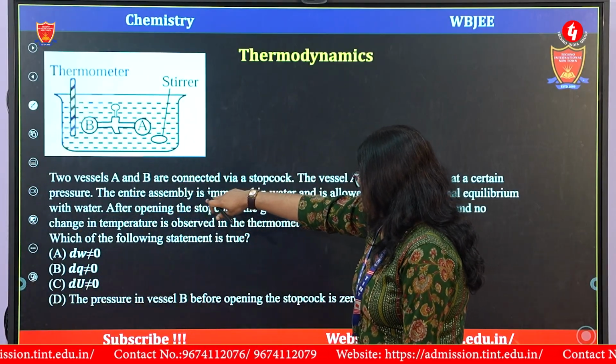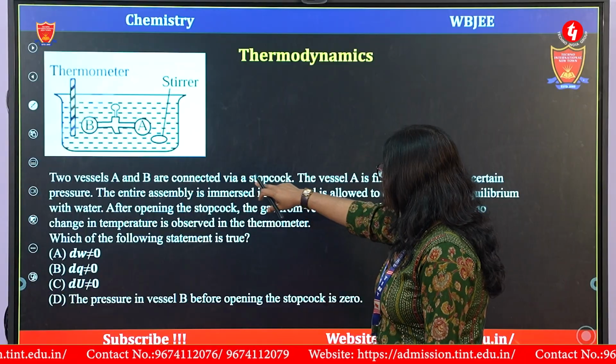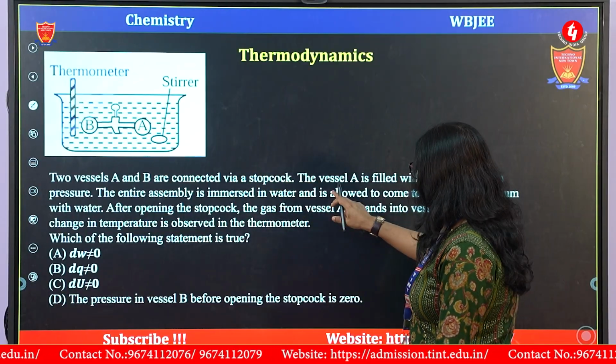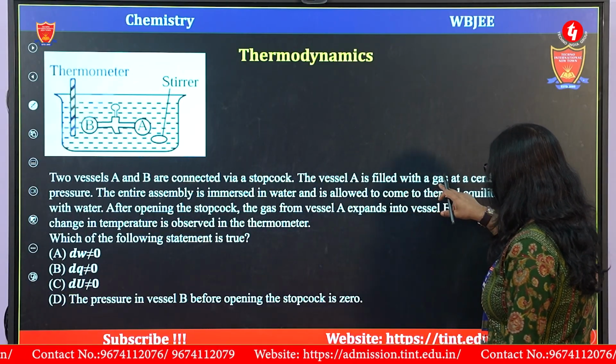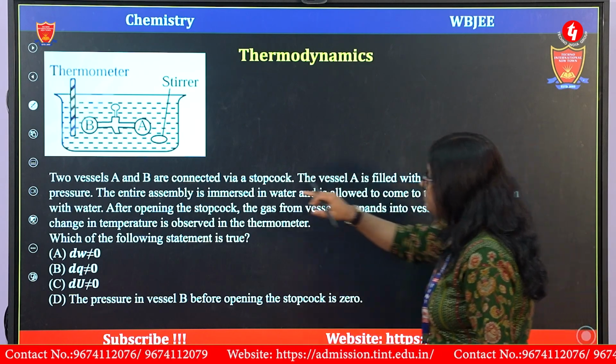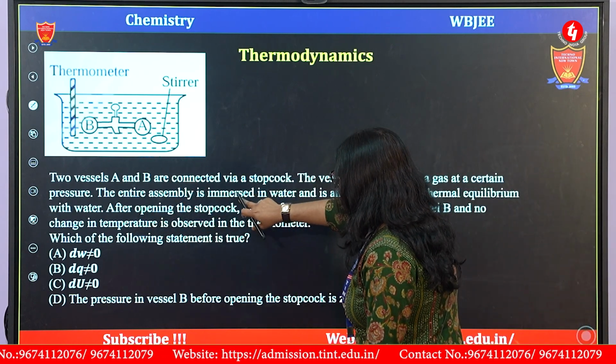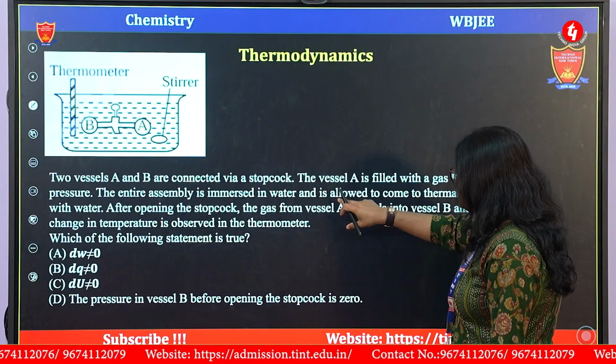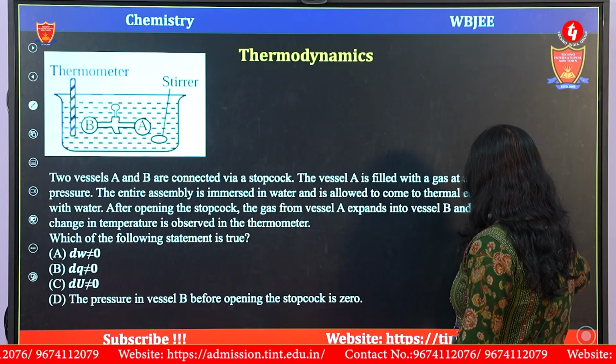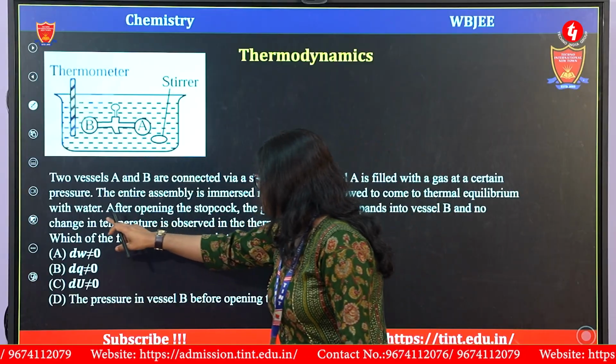Next question. Two vessels A and B are connected via a stopcock. The vessel A is filled with a gas at a certain pressure. The entire assembly is immersed in water and is allowed to come to thermal equilibrium with water.